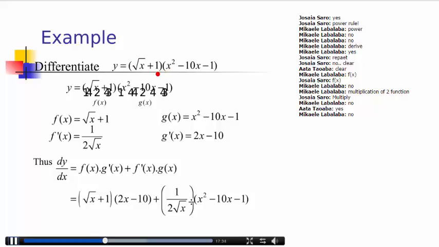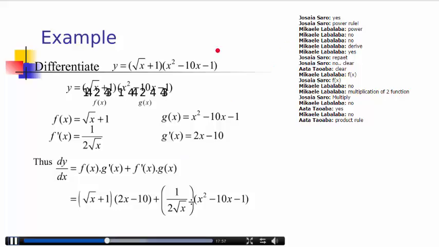So which rule are we going to apply? Any idea, anyone? Since there are two functions being multiplied. Product rule, right?